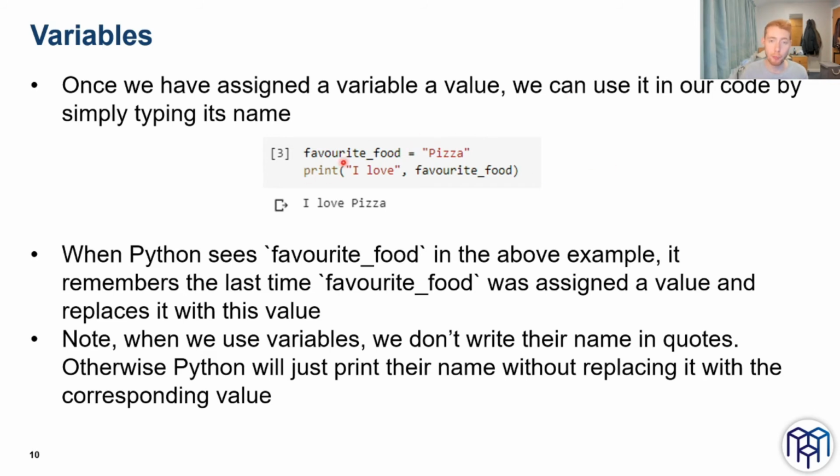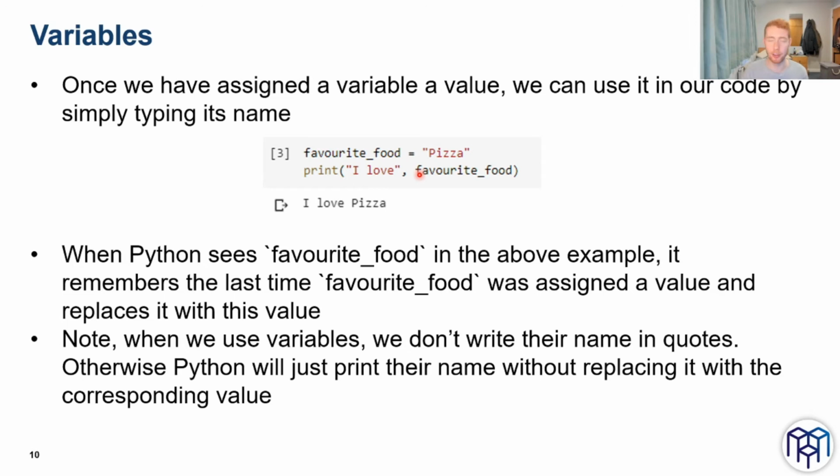And so when we do print I love, and then comma to separate the inputs and favorite food, Python's going to look at the first thing and go, okay, I love, that's text data, I'll print that out. And then it looks at favorite food and it goes, okay, you've not put quotes here, so it can't be text data. If you'd put quotes here, it would have literally printed out favorite food. But you haven't, so it must mean something else.